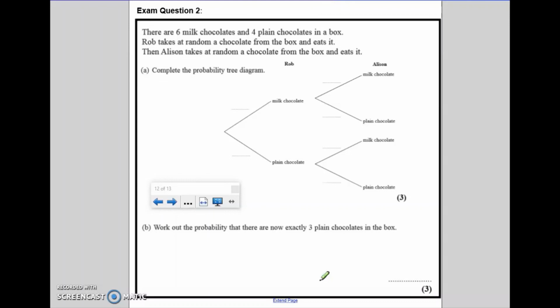Okay, welcome back. Work out the probability that there are now exactly 3 plain chocolates in the box. So we started with 4 plain chocolates, and question B wants to know that there's exactly 3 plain chocolates left. So that's another way of asking that you want to get exactly 1 plain chocolate out of your 2 choices, because that would take us from 4 down to 3.